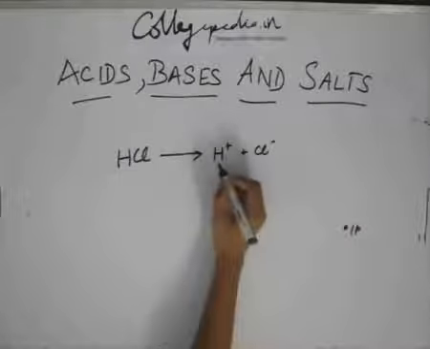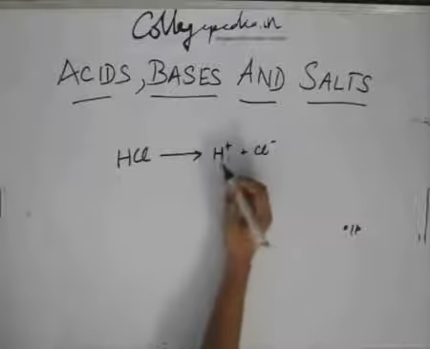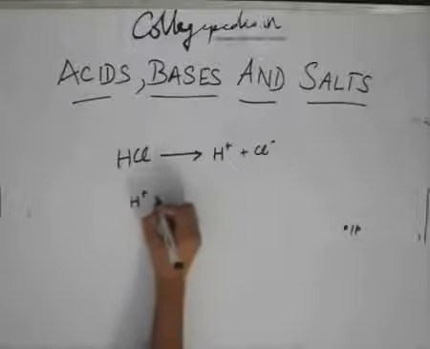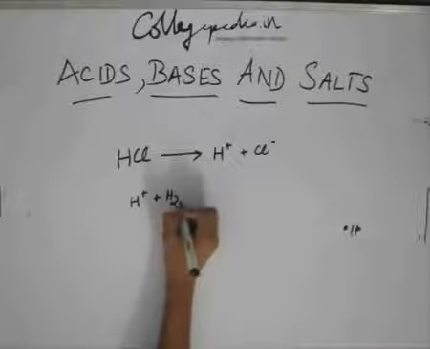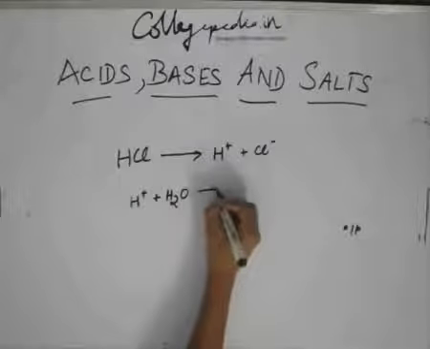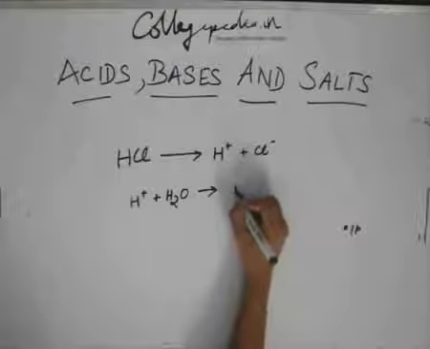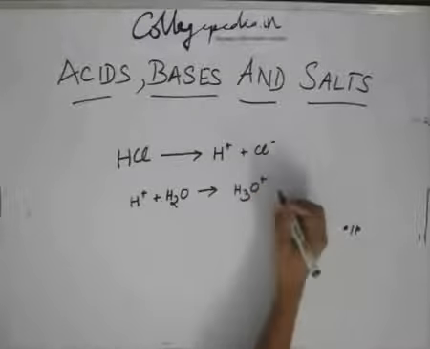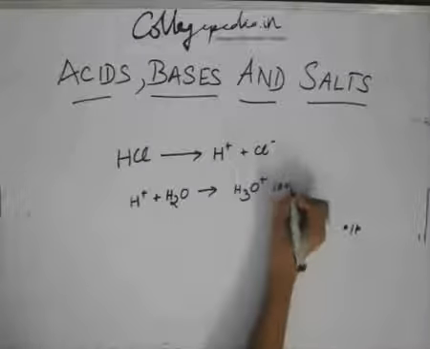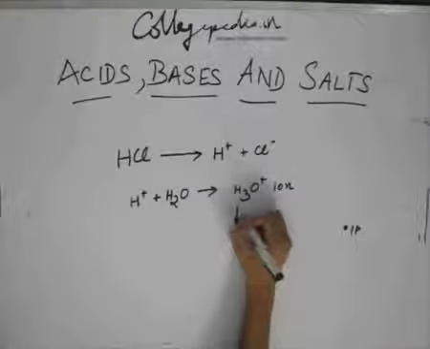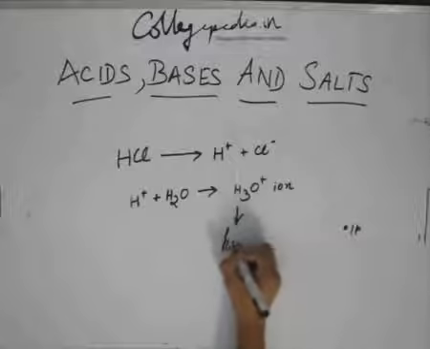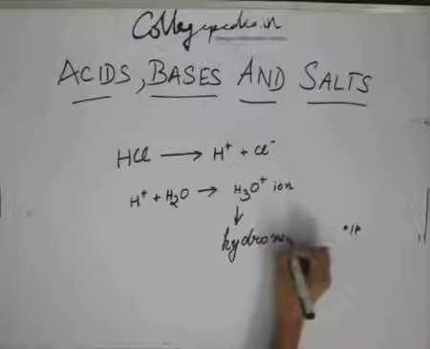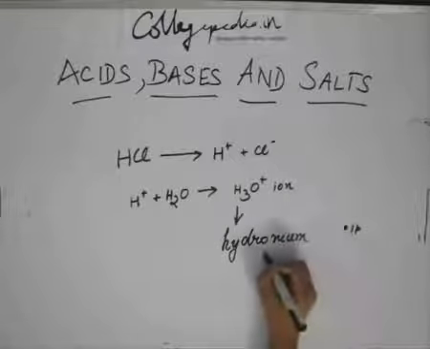So this H plus, which is a proton, will just get attached to a water molecule and make an ion called the H3O plus ion. And this H3O plus ion is called your hydronium ion.